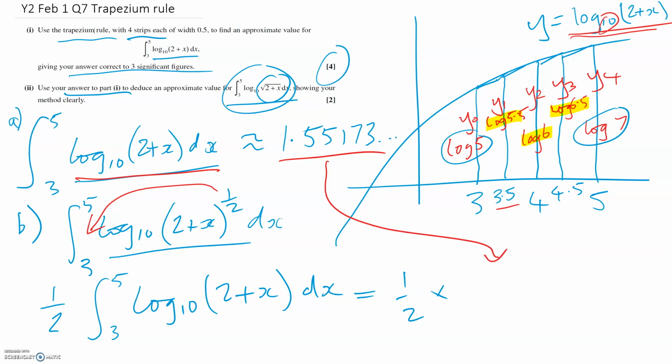Try and keep that exact if you've still got that on your calculator. So half of 1.55173 and so on, and we'll give that to 3 significant figures, just like the previous question, although it doesn't actually say. I'm assuming that 3 significant figures will do.